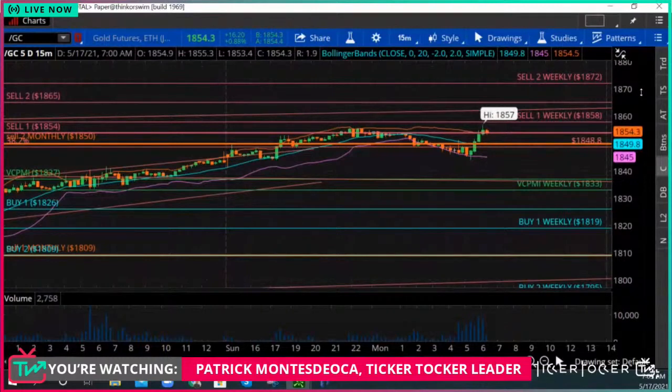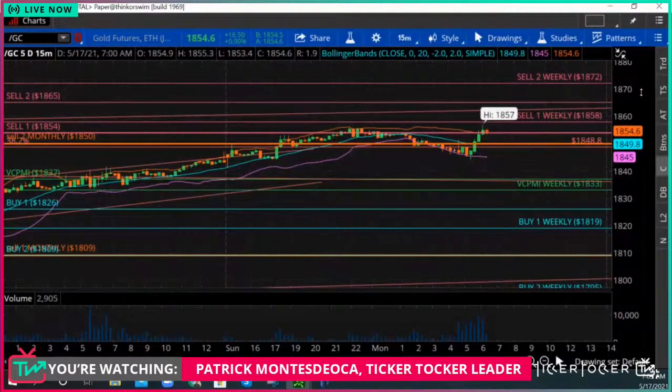The structure for today: the average price has been identified as 1837. The extreme level above that average price for the day is 1854. The sell-to level is 1865.